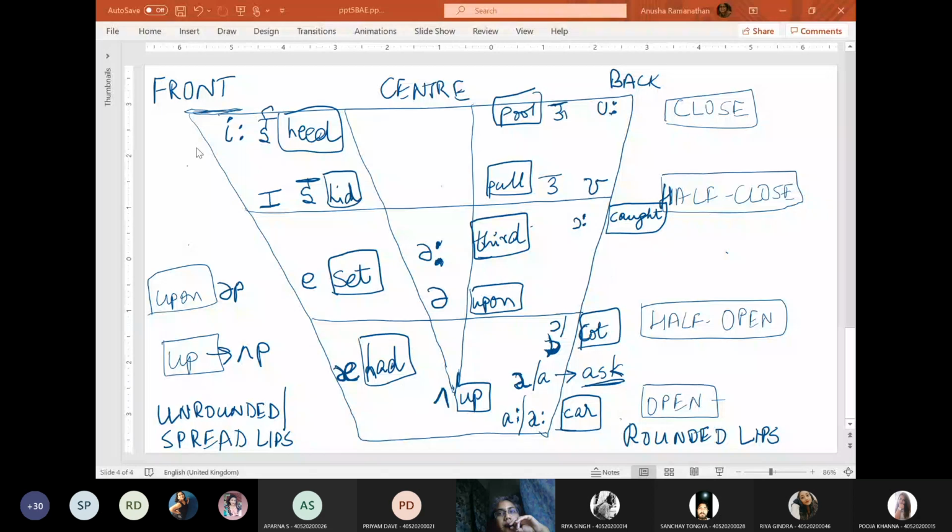These vowel sounds don't just exist by themselves. What occurs with these vowel sounds is something that we call diphthongs.